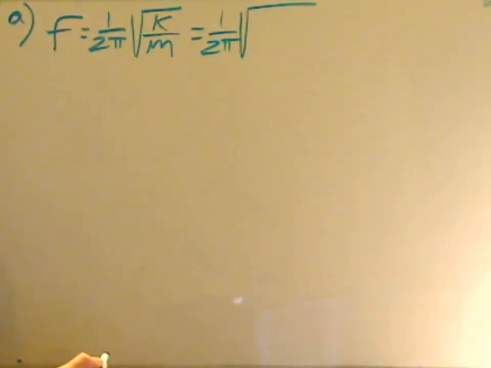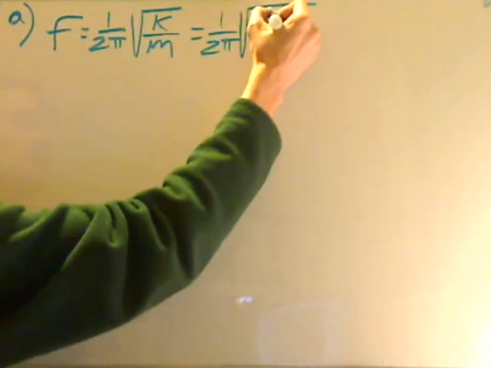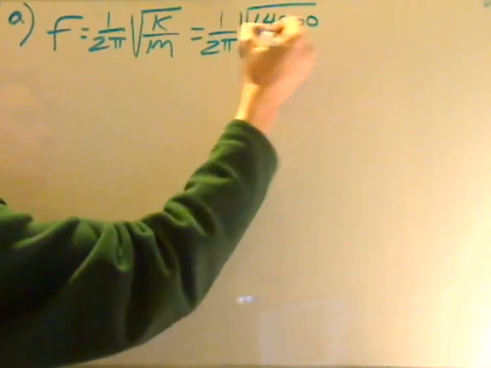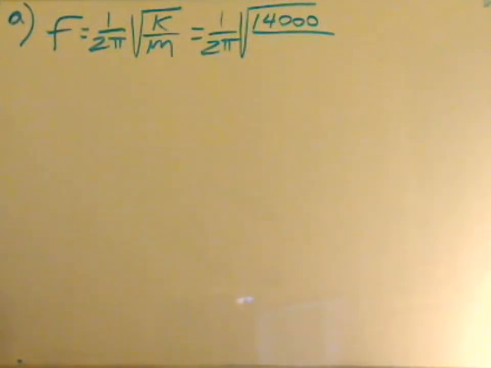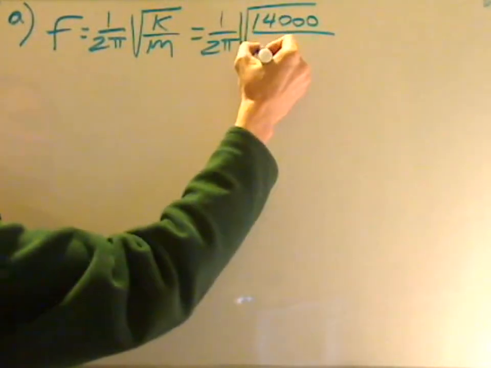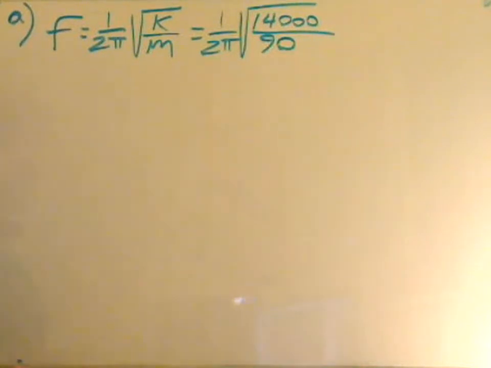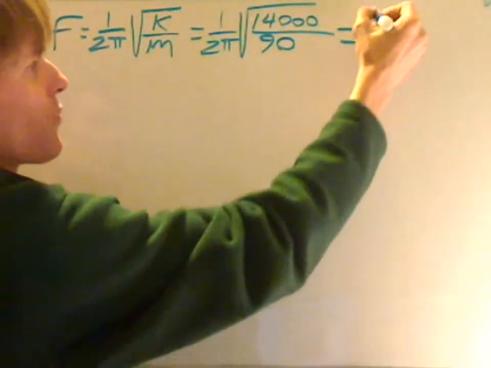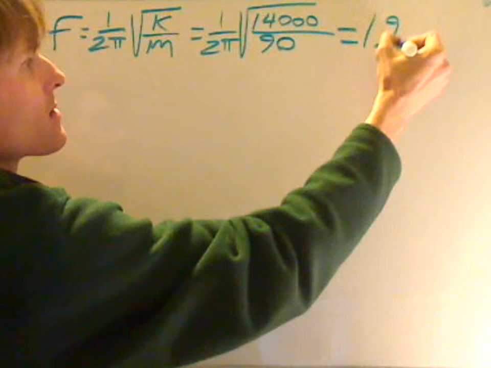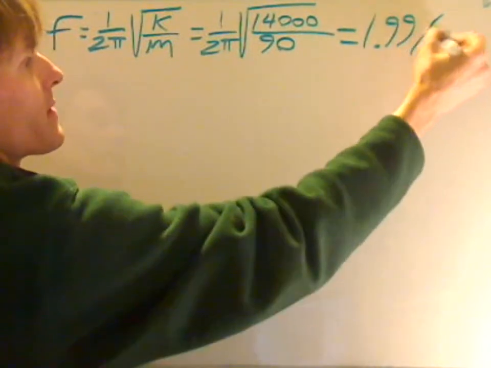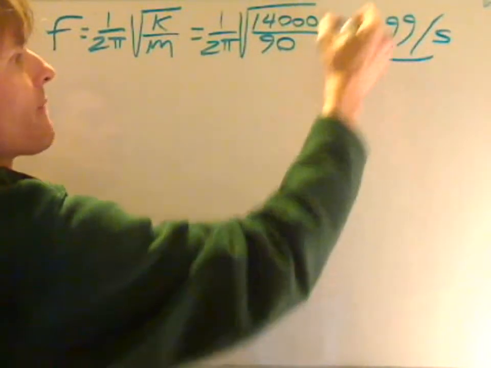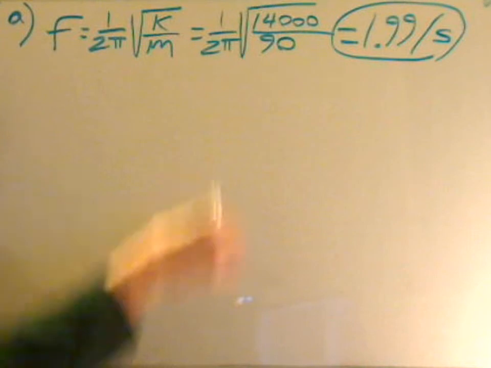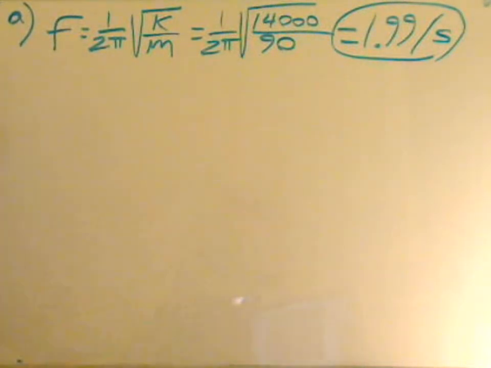K is 1.4 times 10 to the 4 newtons per meter, which is 14,000 newtons per meter, divided by the mass of the person plus equipment, which is 90 kilograms. So you do that calculation, you get 1.99 per second. Okay, so about two bounces up and down per second. Okay, so that's part A.